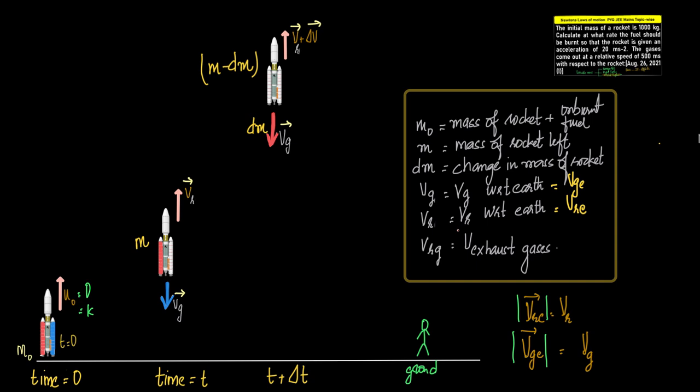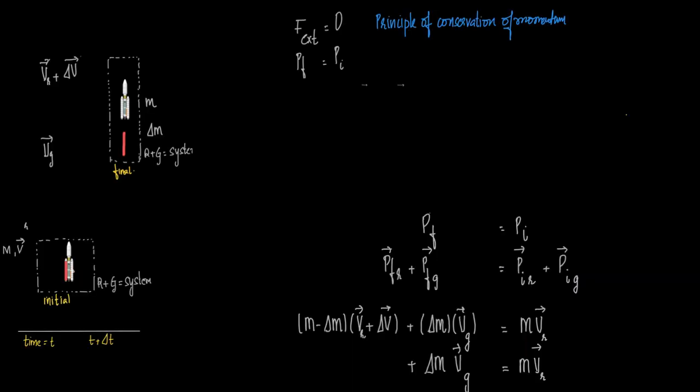Now we will try to understand those two photographs in detail. This was the first photograph, taken at t. The other is at t plus delta t, this one over here. Now we will consider a system here. What is the system? The rocket and the gases. So we have one system at two different points, t and t plus delta t.